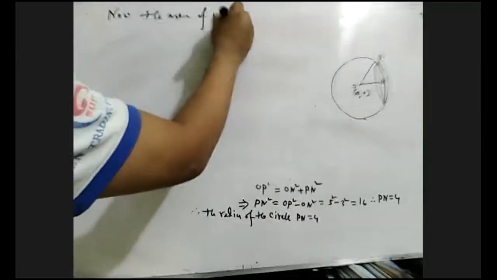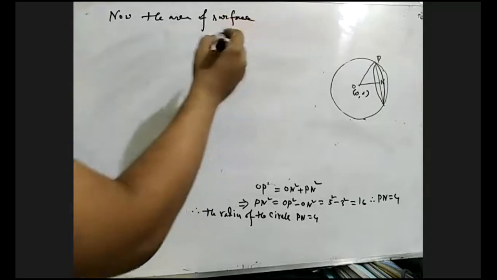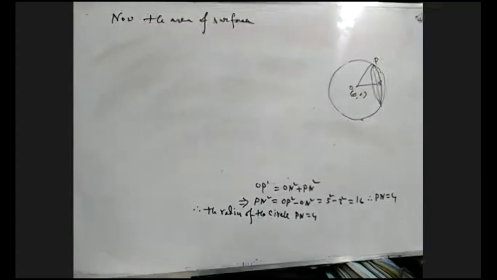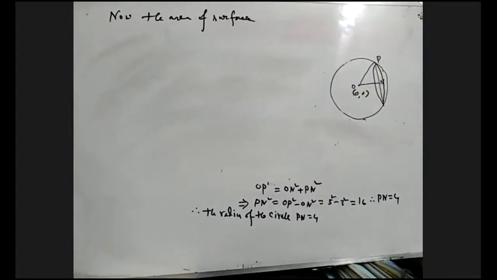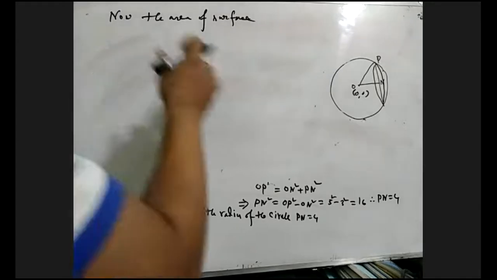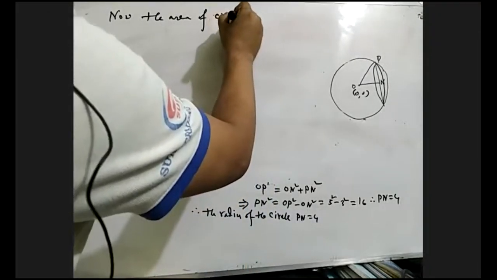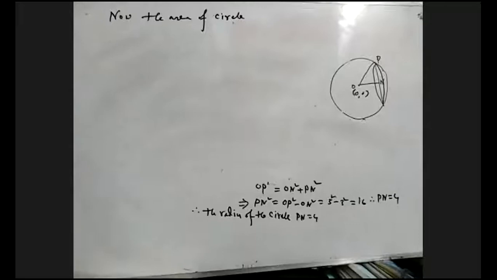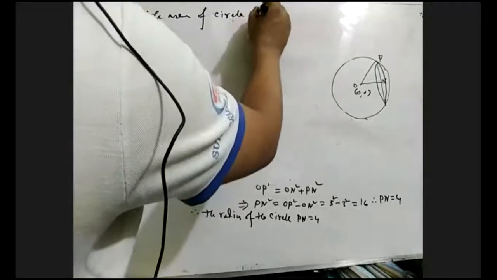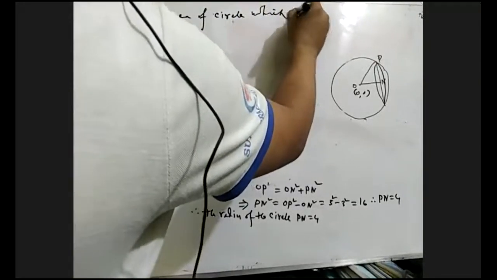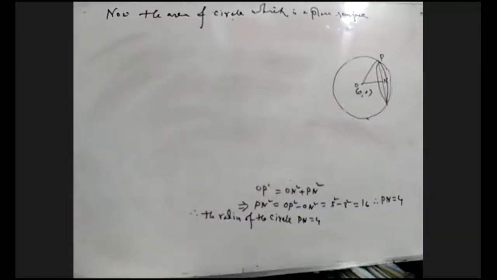After cutting this we got a circle, and this is another surface area. We have to find the area of this.